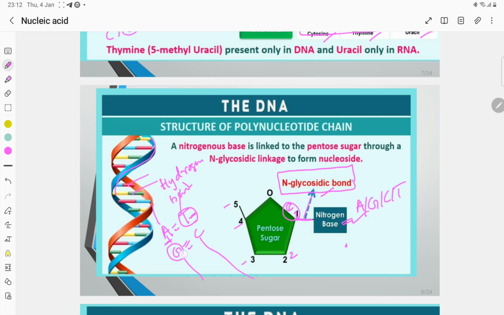Similarly, guanine of one chain makes a bond with the cytosine of the other chain. So these bonds, either double or triple, are hydrogen bonds. Due to these hydrogen bonds, the two chains coil around each other like this.